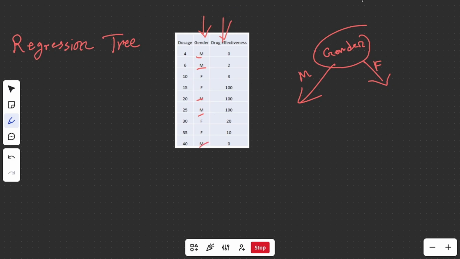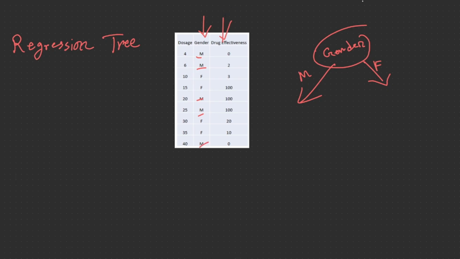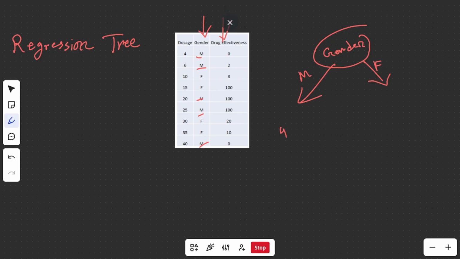So we have to take the consecutive value of doses per gender. So for male it will be 4, 6, 20, 25 and 40. For female we get 1, 2, 3, 4. So 10, 15, 30, 35.